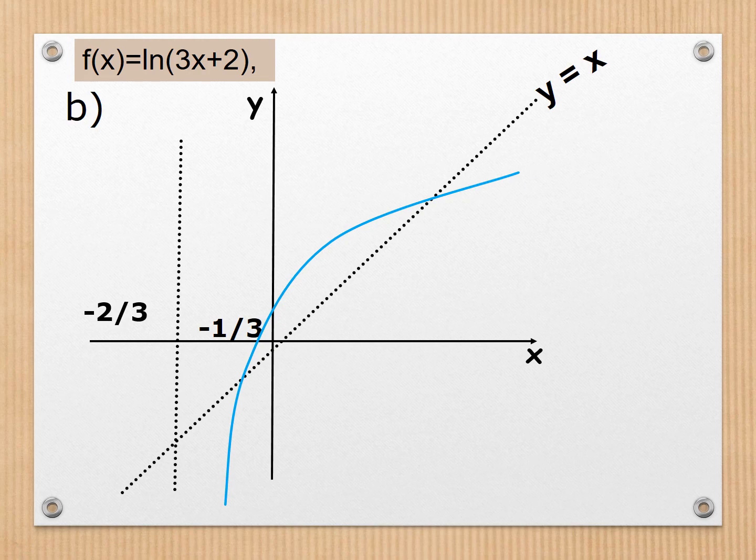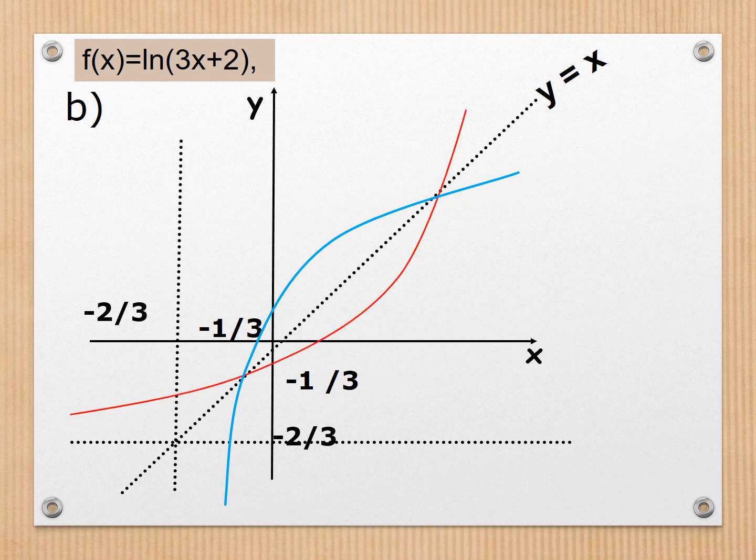And then since f(x) has a vertical asymptote at x equals negative 2 over 3, f inverse has a horizontal asymptote at y equals negative 2 over 3. It becomes reversed. Then we reflect the f inverse graph, and it would be like this. So this red curve is f inverse.